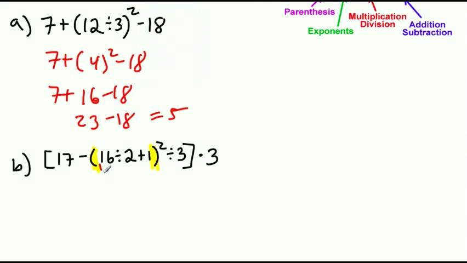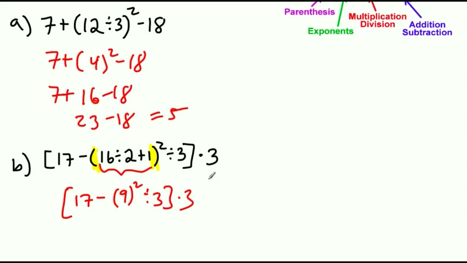So if I deal with this guy, I have to divide first. So I'm going to do this all in one shot here. 16 divided by 2 is 8. So this right here is 8 plus 1 is 9. So this now just became 9 squared. And now I'm going to rewrite everything else. Okay, so I'm going to rewrite 17 minus a little bracket, divide by 3, bracket times 3.